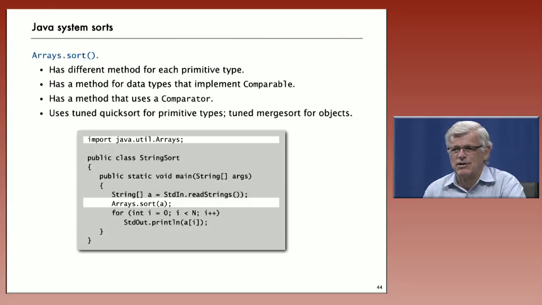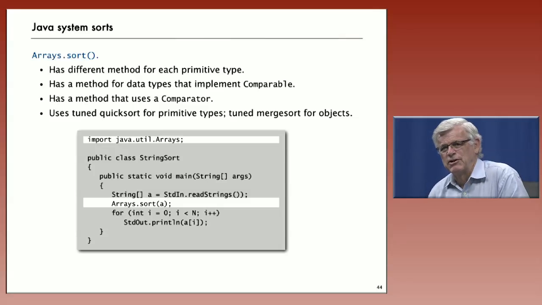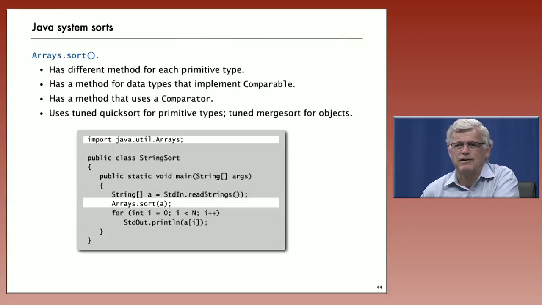And Java is no exception. So Java has a method called Arrays.sort, and it's intended to be a general purpose sorting method for use by Java programmers. And now that you have some understanding of the classic methods, you can have a better idea of why Arrays.sort is the way that it is.